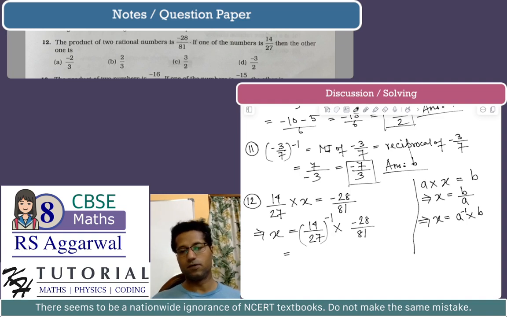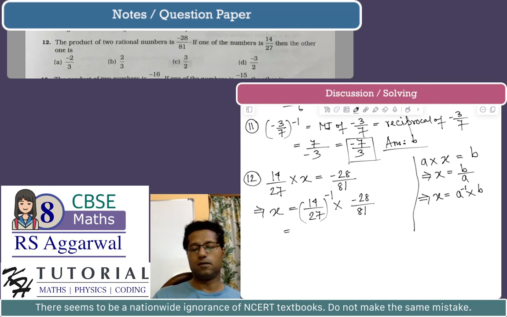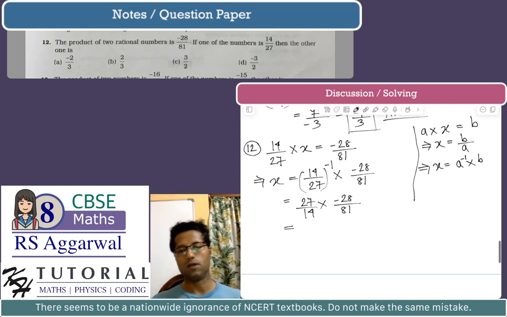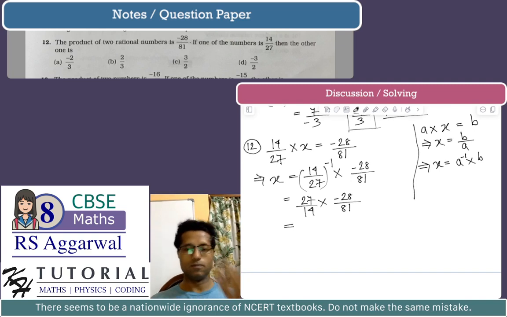Now multiplicative inverse or reciprocal, we know that the numerator and the denominator get interchanged. So this is 27 by 14 multiplied by minus 28 by 81. Now this is the product of two rational numbers, and we know how to perform the product of two rational numbers. The result is the product of the numerators divided by the product of the denominators.